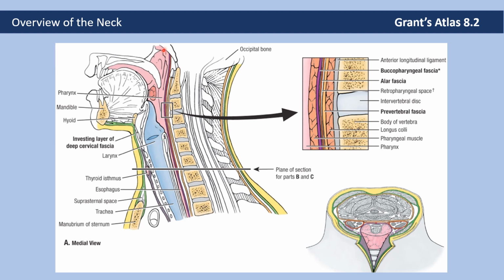We're also referring to in the neck the pharynx, and the pharynx is divided into 3 regions, the nasopharynx, the oropharynx, and the laryngopharynx. It is shown in this image in pink. It goes from the base of the skull, superiorly, all the way down to the esophagus.